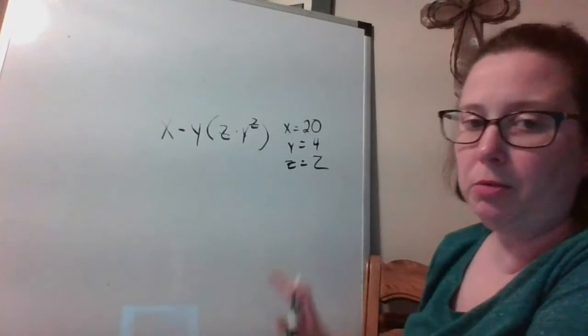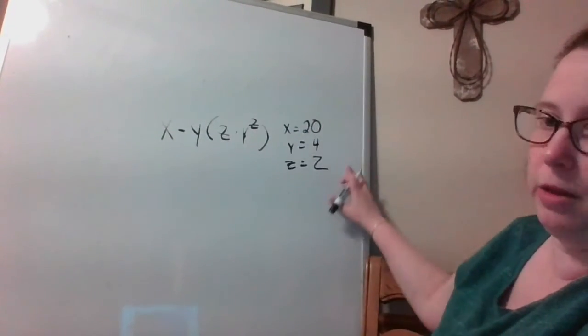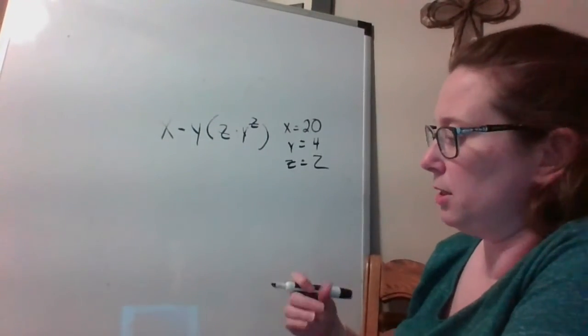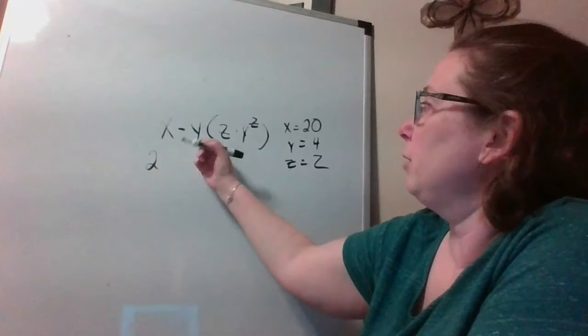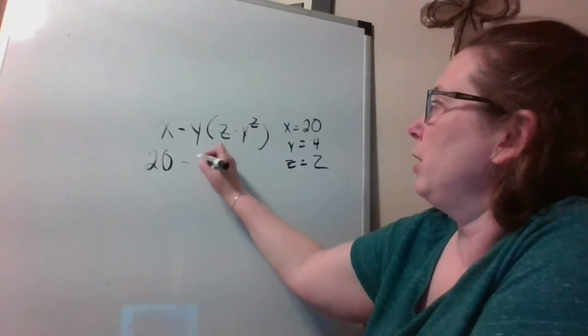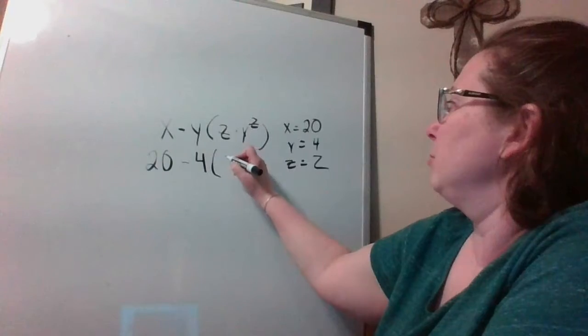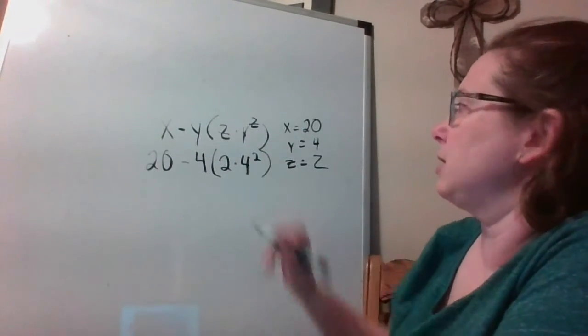When you're doing these, I really do want to see you write the original problem and then what our values are for our variables. The next thing that you would do is substitute in for all of your variables. So we can say 20 minus 4 times 2 times 4 to the second.